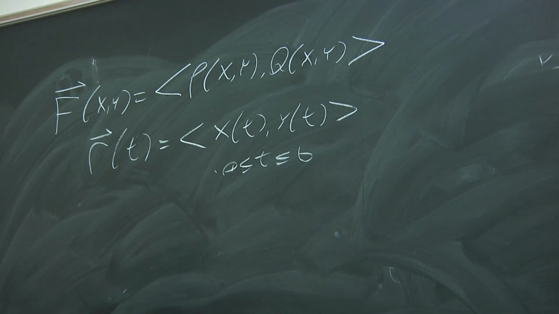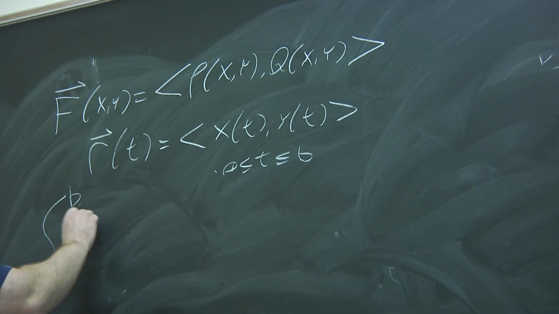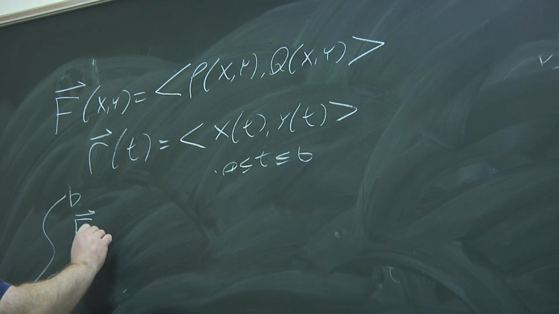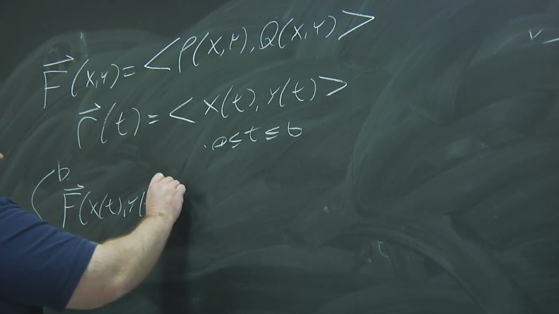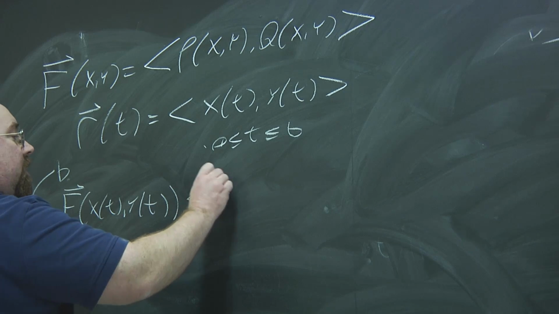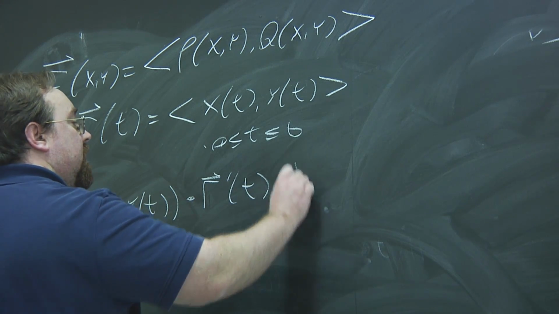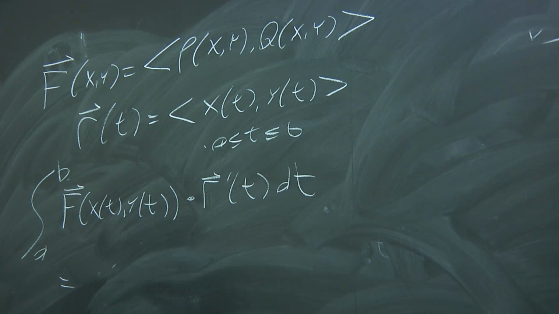Then if we take a look at this integral, F dotted with r prime of t, we fill in what all of this is.